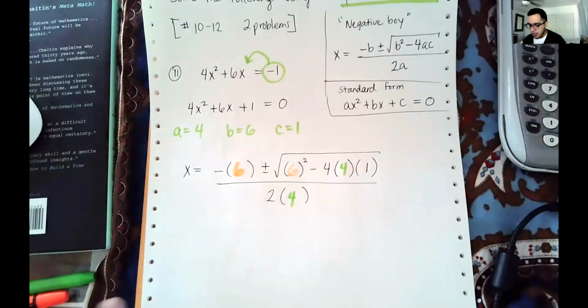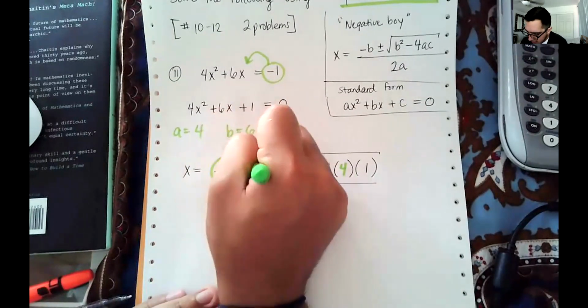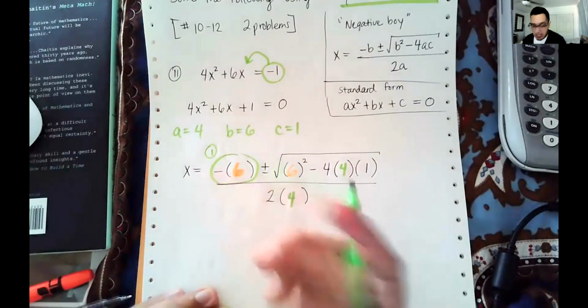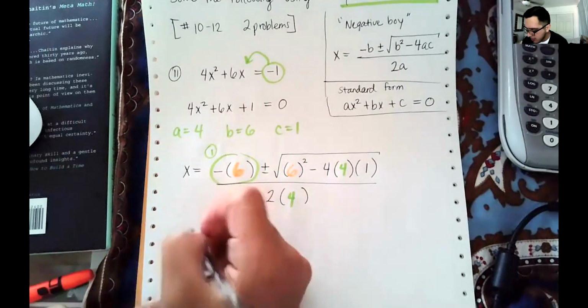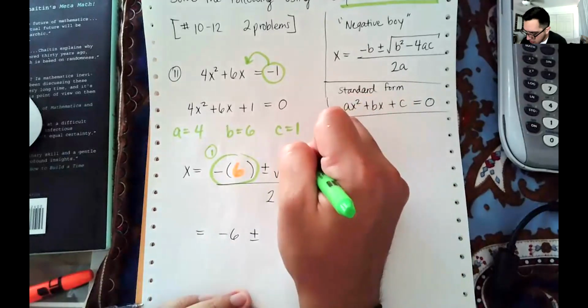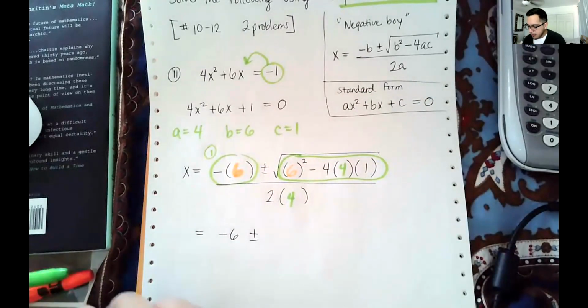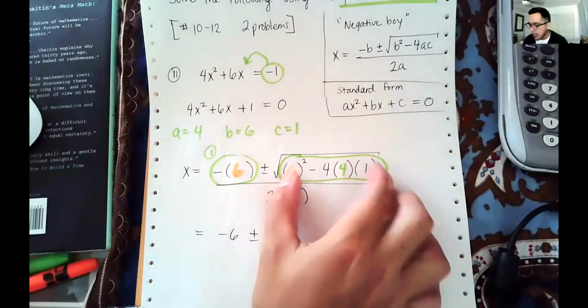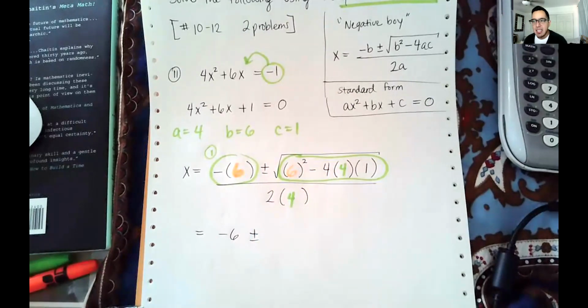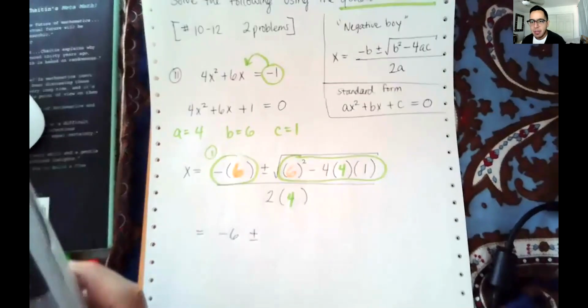Okay. And what I highly recommend doing is start by simplifying this if you can. So we'll just leave that as a -6, plus or minus. And then what I would do is you could throw the radical stuff into the calculator. But I would just do the stuff inside the square root. Do not include the square root because sometimes you'll have a negative inside the square root, and your calculator, if you have a TI-84 or something similar to this, usually can't handle imaginary numbers.